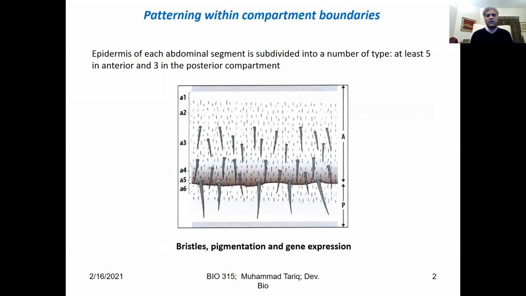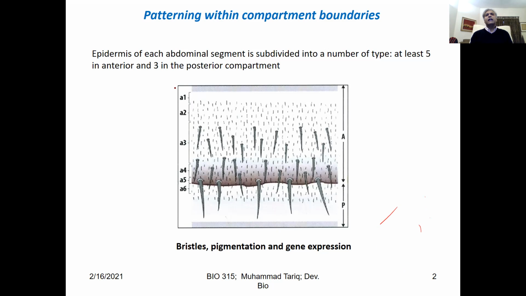These were the last few slides we covered. In terms of compartmental boundaries, we saw that the compartmental boundaries which are established early on during development are preserved throughout development, all the way to adulthood as well.